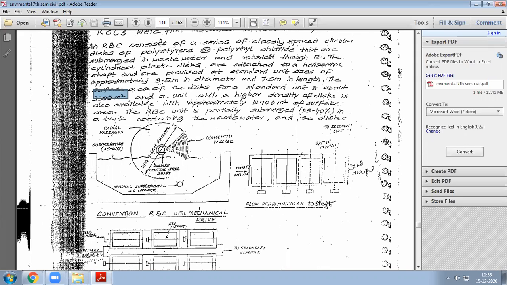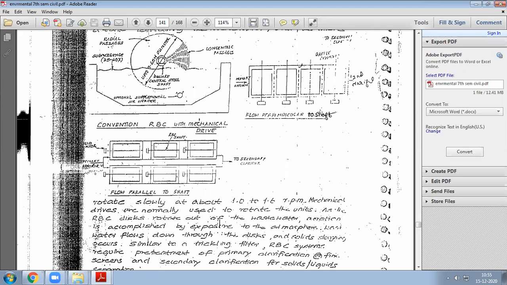What else is there? The flow is perpendicular to the shaft or parallel to the shaft. These are the RBC shafts. These are the rotating discs you're seeing, and this is our tank.